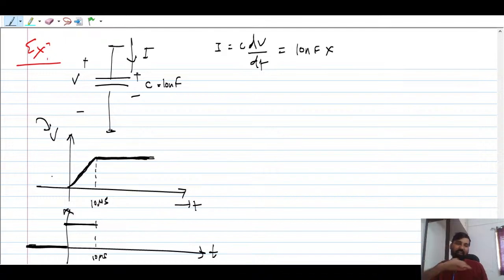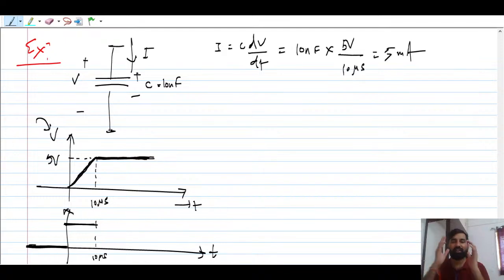There is a ramp, so you are finding the slope. The maximum voltage in this question is 5 volt, so 5 volt upon 10 microseconds gives you 5 milliampere current. So in the 10 microsecond duration, as the voltage goes from 0 to 5 volt, the current is 5 milliampere.